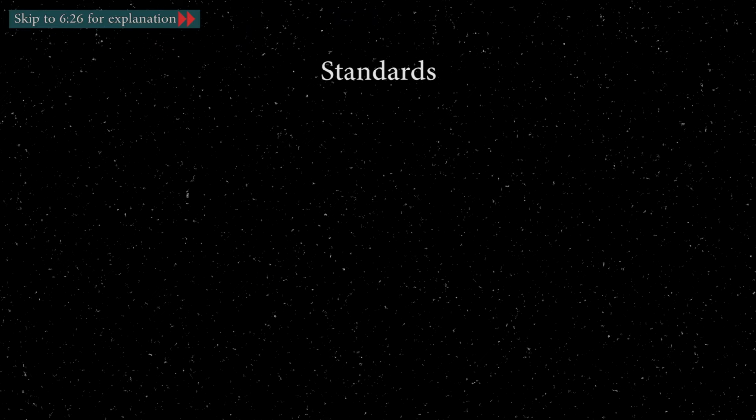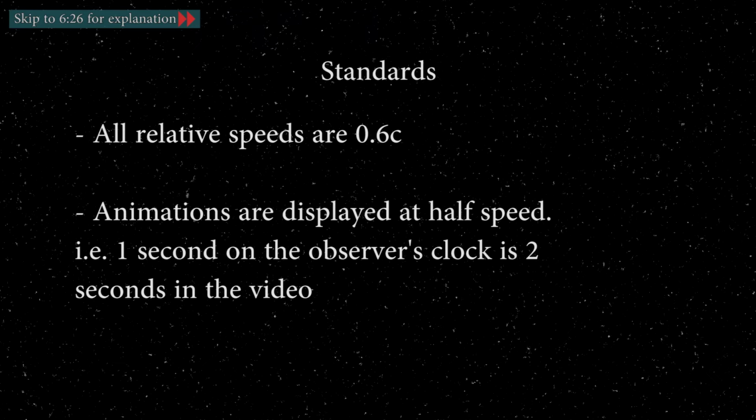Two standards I'm using throughout the video and in all the animations. All relative speeds are 0.6 c. The other point is animations are at half speed. In other words, the simulation of a second in the animations will take 2 seconds in the video for you as a viewer. I also used 2 seconds to represent a nanosecond.